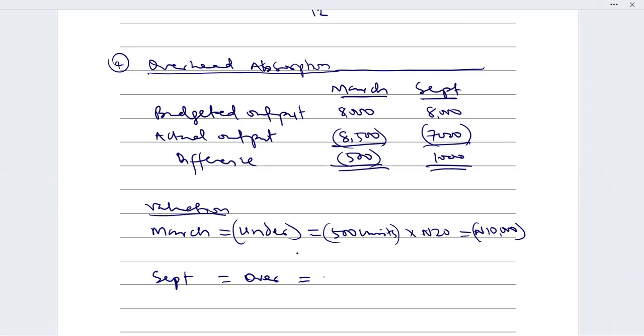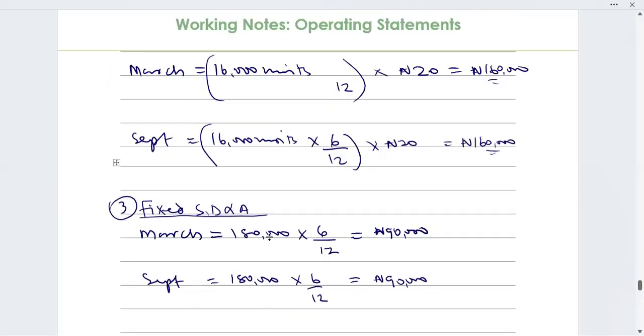Multiply by 20 naira, that's 20,000 naira. So in March we have under, then in September we have over.